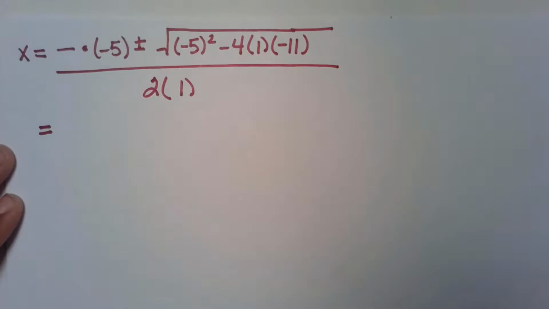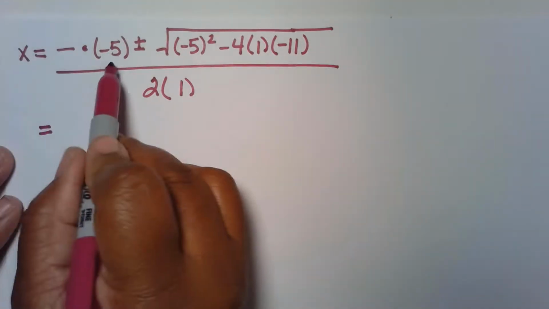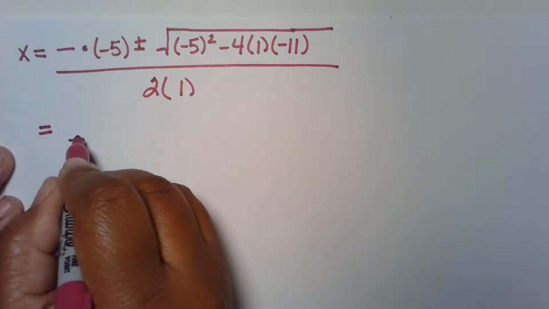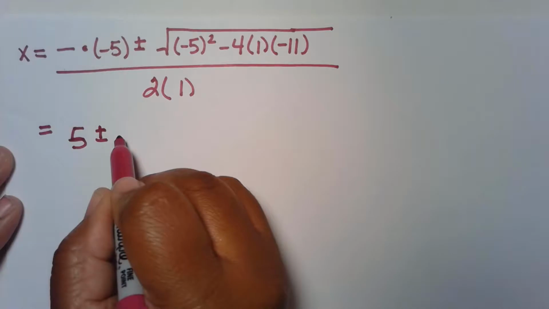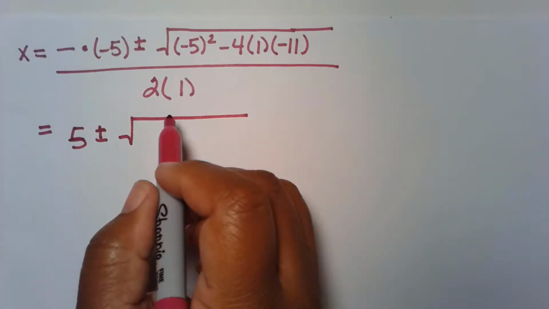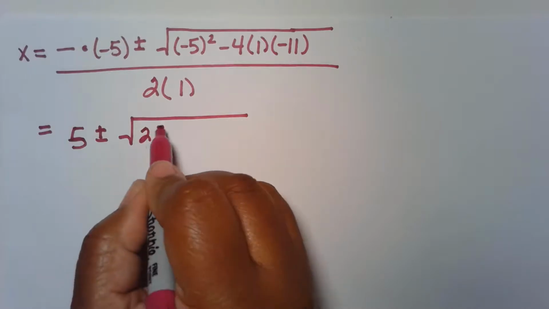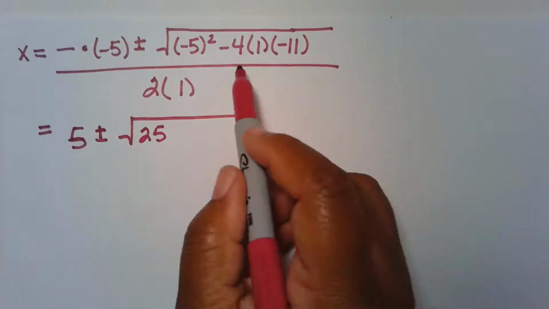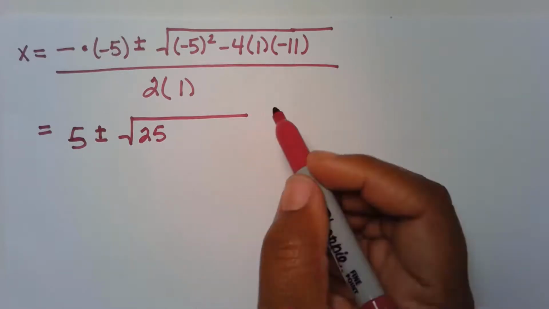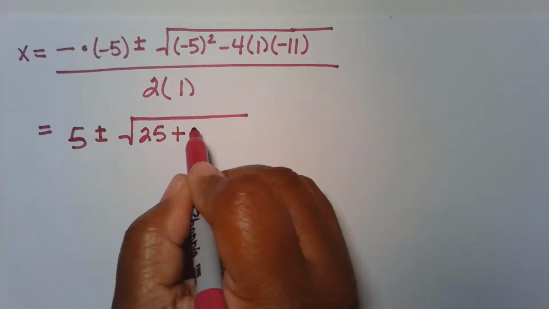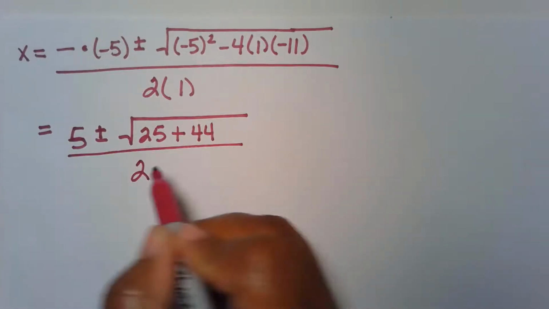So before the plus minus symbol, we have negative and negative 5. So that's going to give us positive 5 plus or minus the square root of the quantity negative 5 squared, which gives us positive 25. Then we have negative 4 times 1 times negative 11, which is plus 44, all over 2.